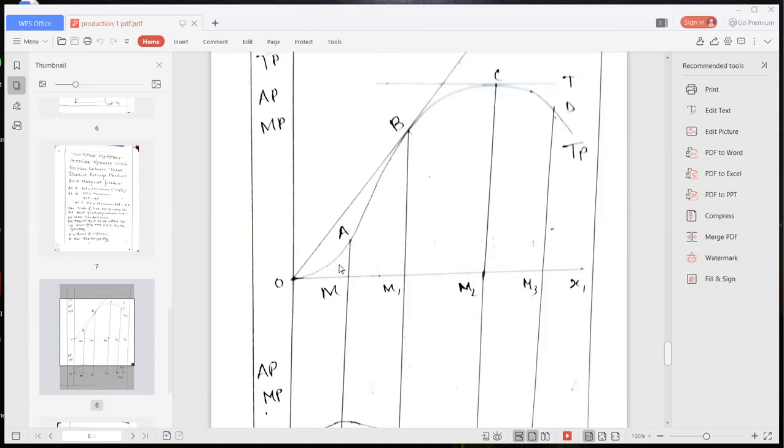At the point A, we can see that from O to A, this portion is convex to the x-axis, and after A, this portion is concave to the x-axis.